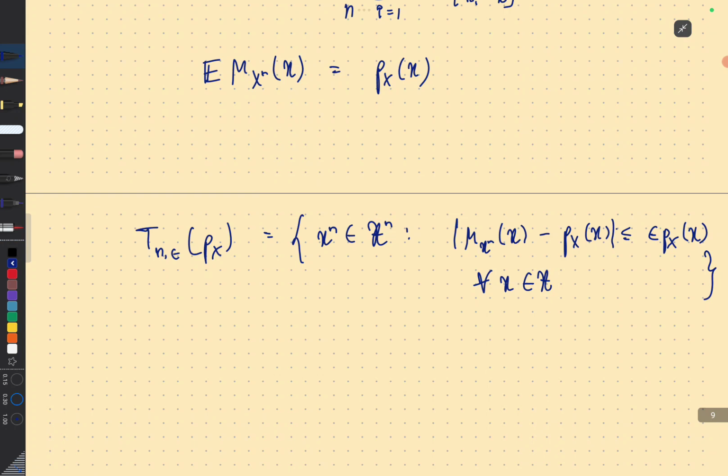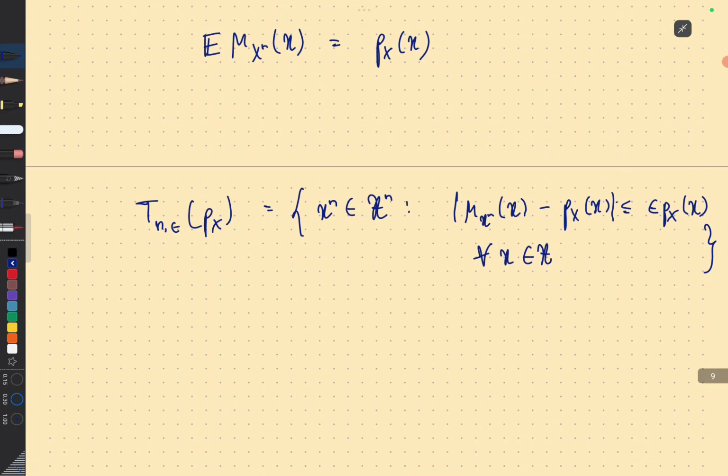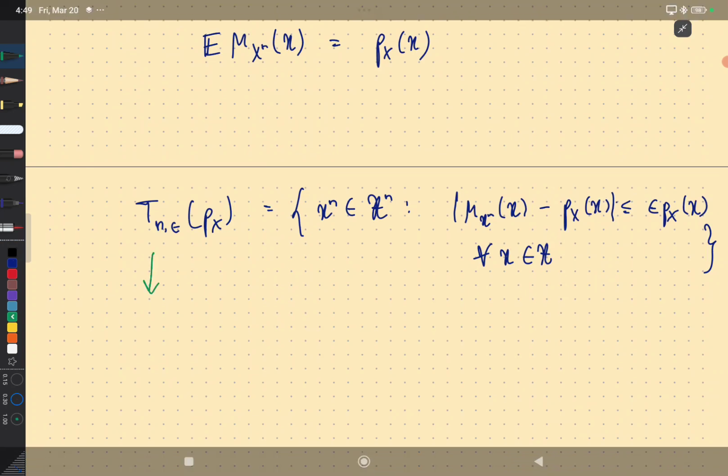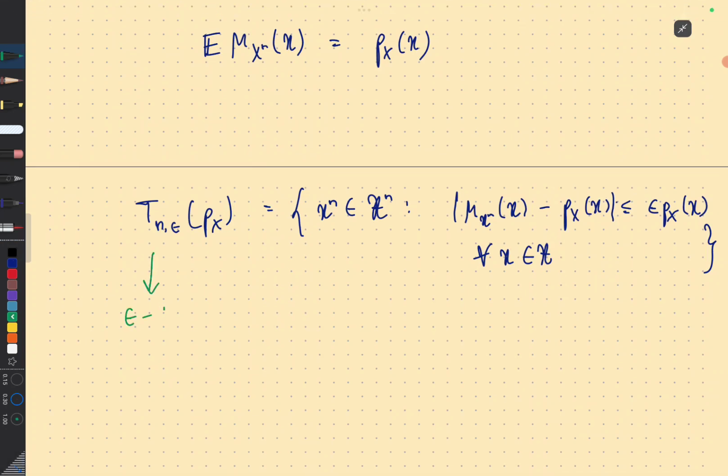So in the binary case, what this basically says is that the number of zeros is close to 1 minus p and the number of ones is close to p. We'll define this as the epsilon typical set.